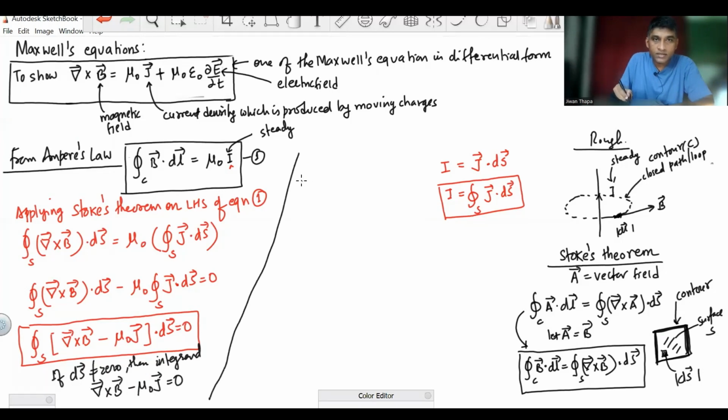So we can write curl of B equals mu naught J. So we have this. Let us call it equation 2. Okay, we have this.